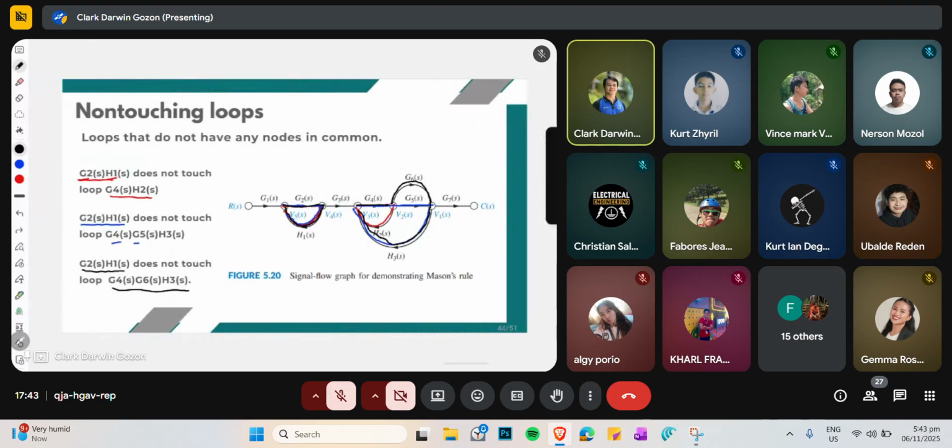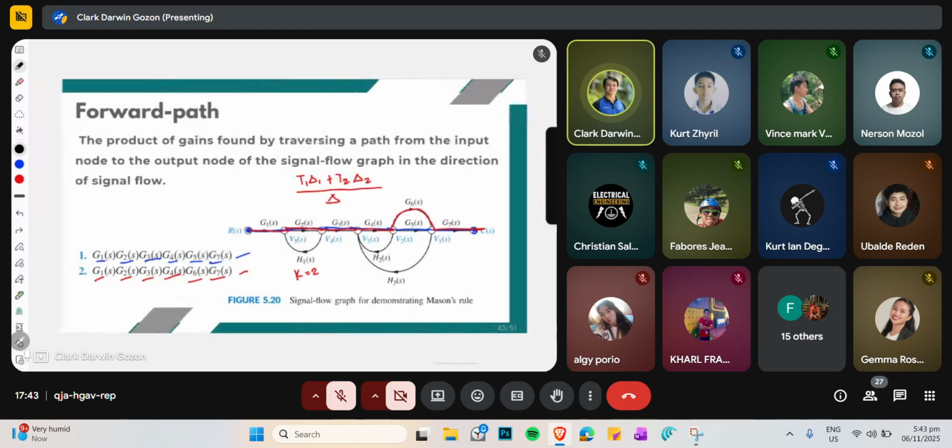Now, in this example, we do not have non-touching loop gains taken 2 at a time. So now we are ready to formulate the delta.